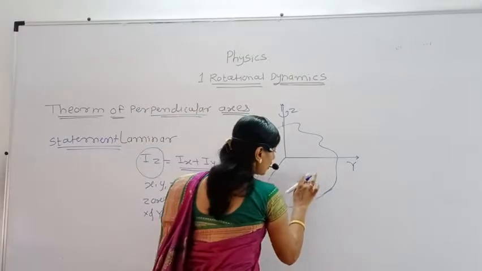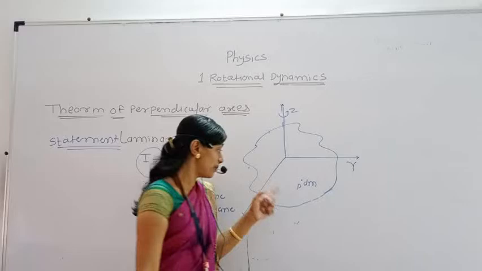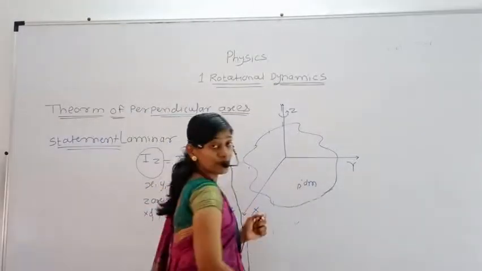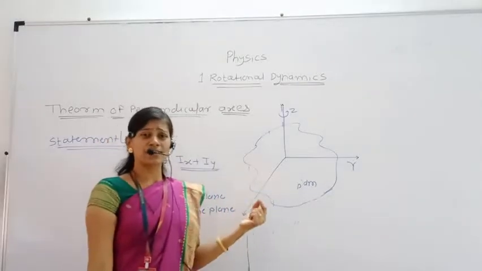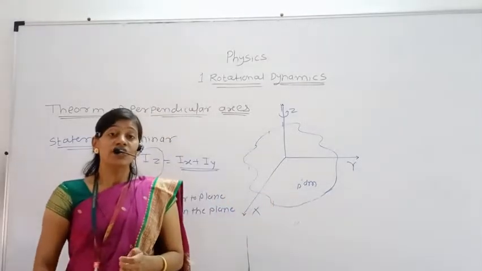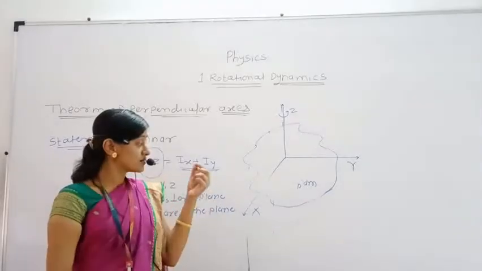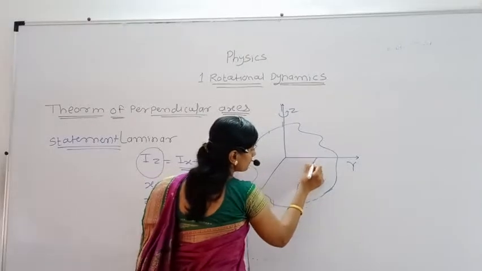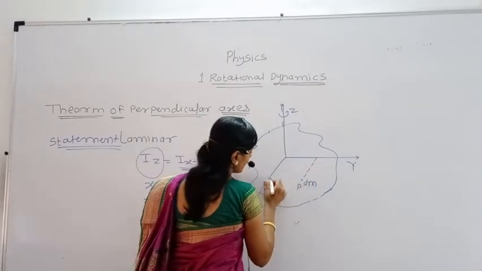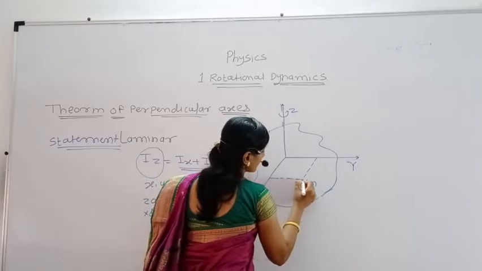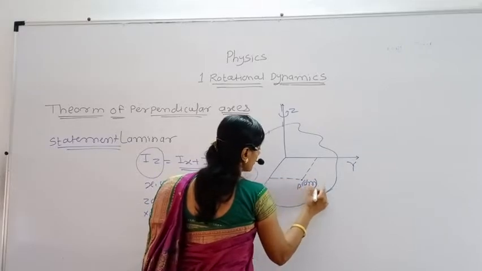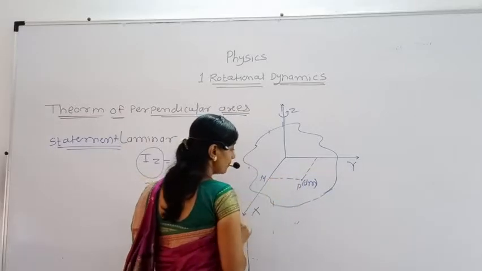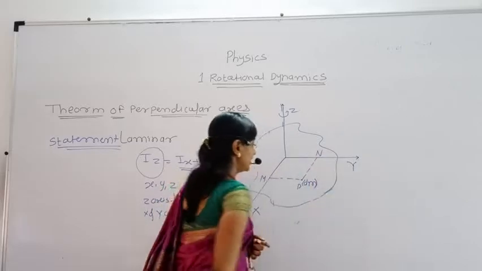Now we have to draw perpendiculars from point P along the x-axis and along the y-axis. Here we have to draw two perpendiculars from P. Along the x-axis it is M and along the y-axis it is N respectively.